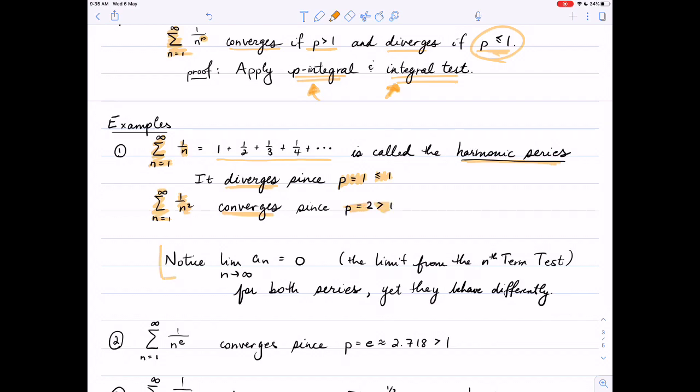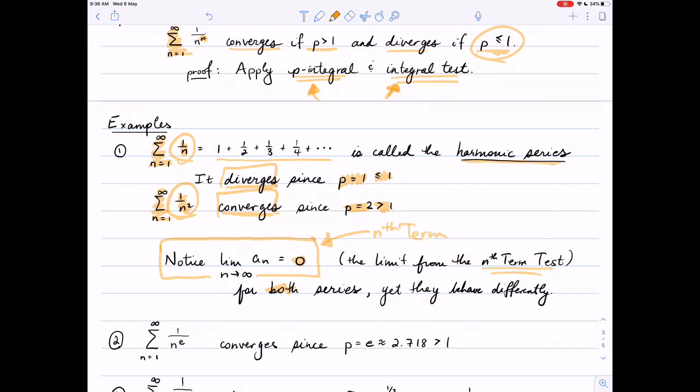Now, one thing I want to point out: our last test was the nth term test. If we tried to apply that here, if we did the limit as n goes to infinity of a sub n for both 1 over n and 1 over n squared, we would get 0 for both. And yet they behave differently. One diverges, the other converges. That was something that I had pointed out to you in the nth term test: if you get 0 for the nth term limit, then you know nothing.